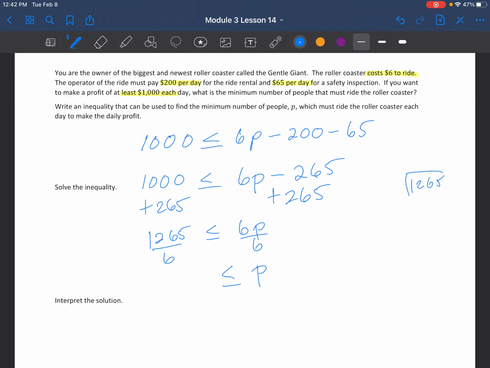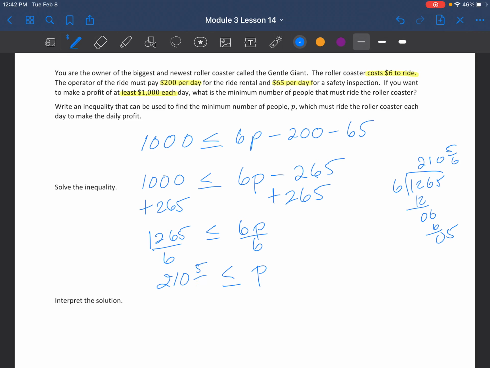Then I need to divide both sides by 6. I end up with P on one side. And then on the other side, let's see, what is this? We've got 1265 divided by 6. 6 goes into 12 two times. Then 0, then 6 goes into 6 once.